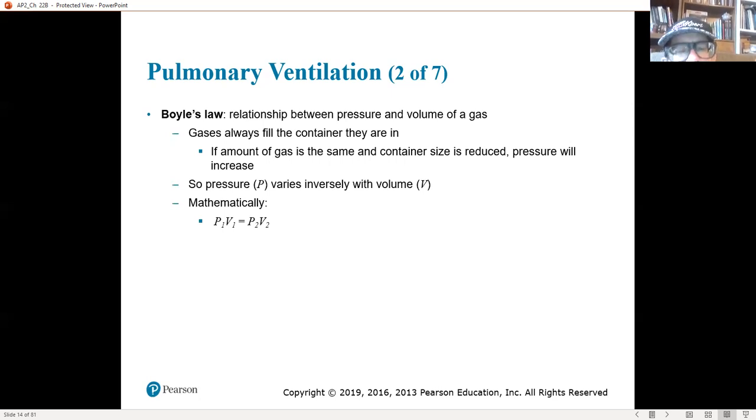The diaphragm comes back up, or the ribs come back in. Then the certain amount of air in the lungs becomes smaller, so the container size is reduced, and the pressure in the lungs goes up. What happens as a result? Air is moved out, exhalation occurs.